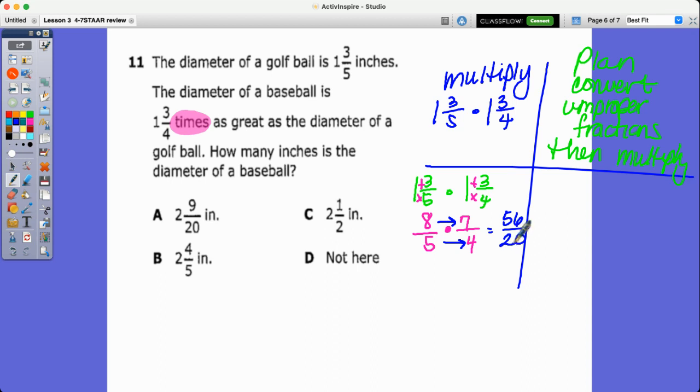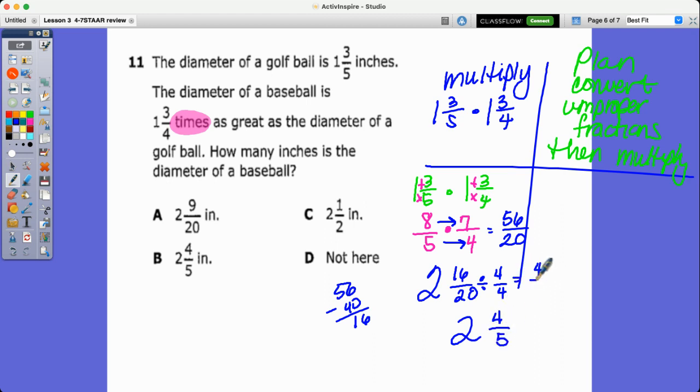Well, how many times does 20 go into 56? That would be 2 whole times, because 2 times 20 is 40. 56 minus 40 is 16. So I have 16 over 20. This is not simplified. I can divide both the top and the bottom by 4. That gives me 2 4/5, because 16 divided by 4 is 4, and 20 divided by 4 is 5.